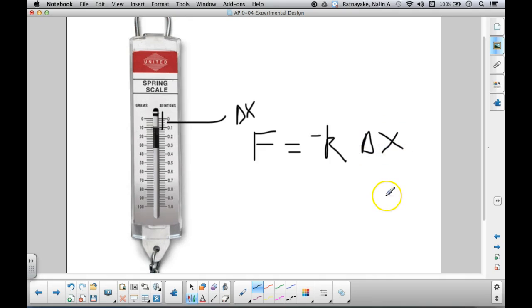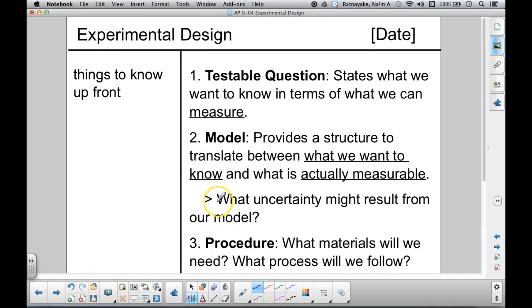I'm hoping that it fits this model, that the force on the object is directly proportional with some constant to the displacement. What I'm actually measuring, what I'm observing, is a displacement. I'm inferring what the force is. Even a spring scale is a model.